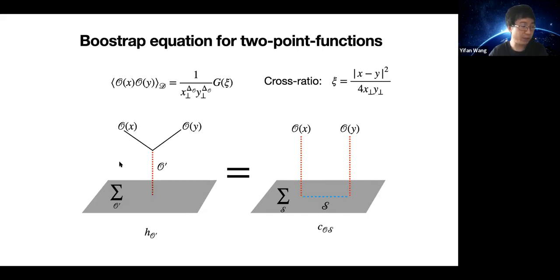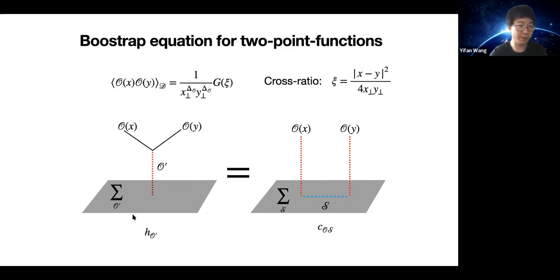And the bootstrap equation takes the following form. If you look at this two-point function, you can either take the so-called bulk OPE limit, meaning that you fuse these two operators and expand into other local operators in the bulk, O prime, and you sum over all these one-point functions of O prime in the presence of this interface defect.